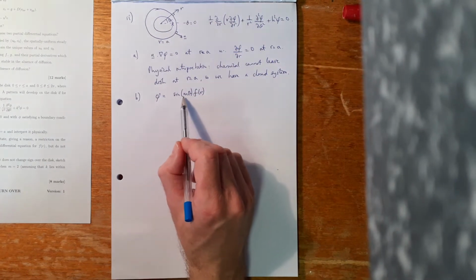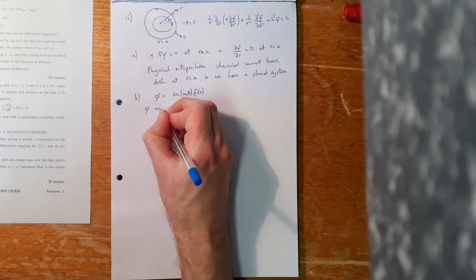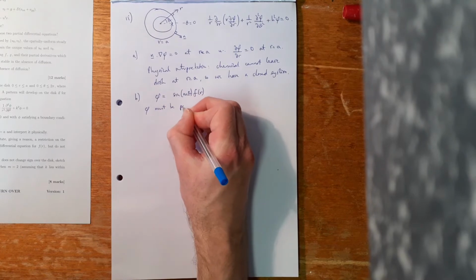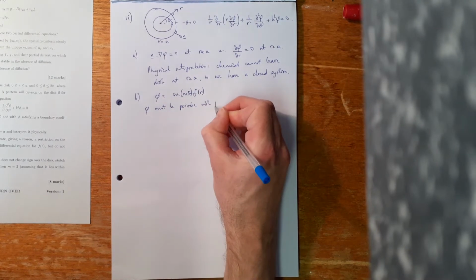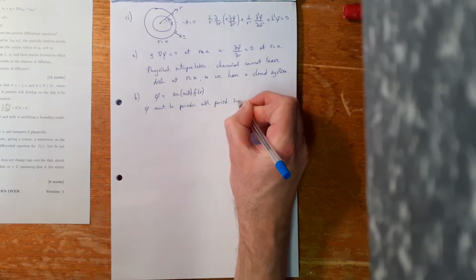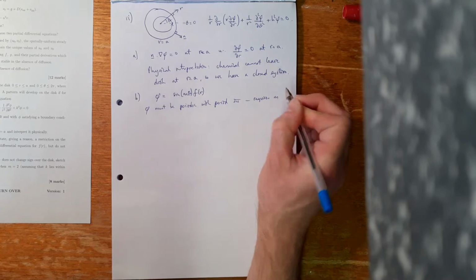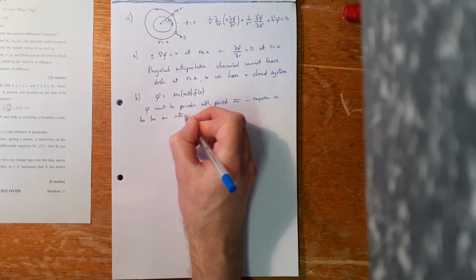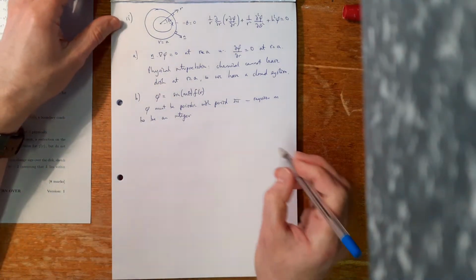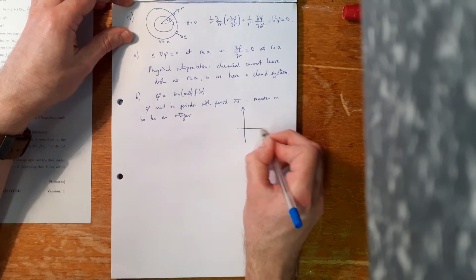Well, that's only going to happen if m is an integer. So phi must be periodic with period 2 pi, so that requires m to be an integer. And perhaps to illustrate that, if that's not clear, supposing we take a counterexample.